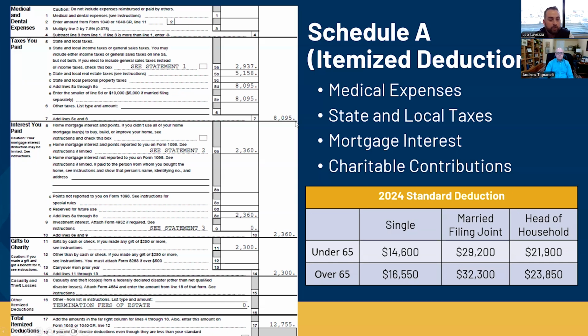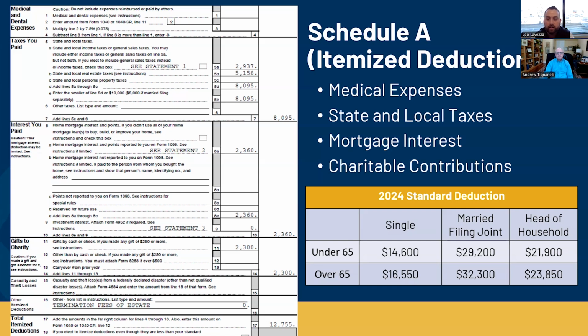Then you've got your mortgage interest. That's in this section here. If you've got mortgage interest, make sure that the number in there matches the 1098 that you got from the mortgage company. Then the big one, kind of the most talked about one, is the charitable contributions.